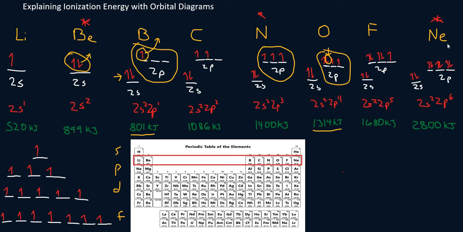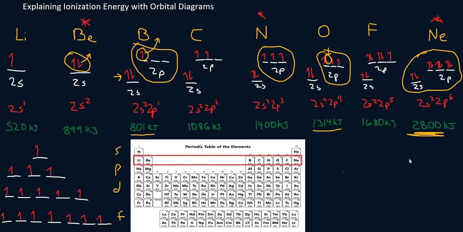So notice with something like neon, neon is completely full. Neon has a full 8 valence electrons here. So it has a full 2s and a full 2p subshell. And because of that, neon has an extremely high first ionization energy. And that's the general trend with the noble gases. The noble gases all have full subshells for their S and P, and that's going to mean that they have very high ionization energies.